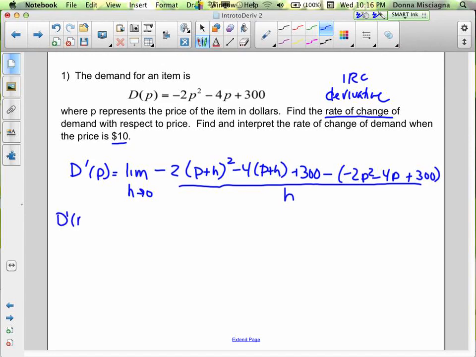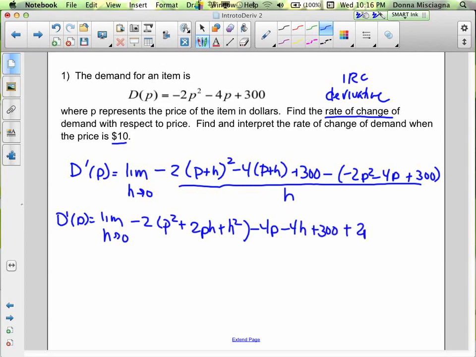D prime of p equals the limit as h approaches 0. So I'm going to square and then we'll multiply by negative 2. This is going to be p squared plus 2ph plus h squared minus 4p minus 4h plus 300 plus 2p squared plus 4p minus 300 all over h.